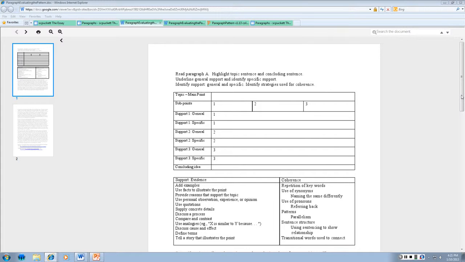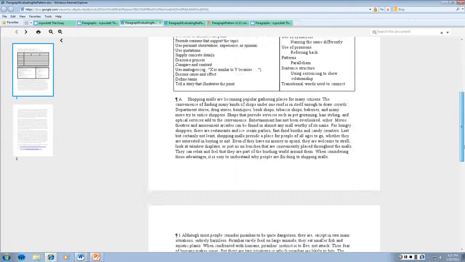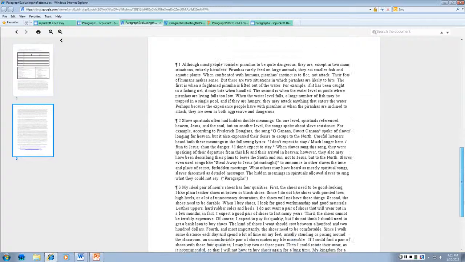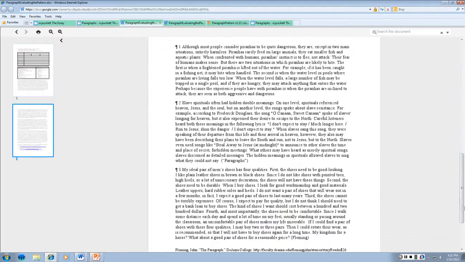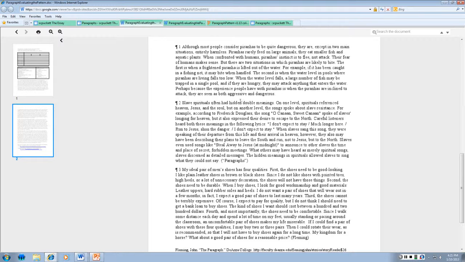At the bottom of the first page is one single paragraph, and then on the second page there are three more, so that you can look at those to see if you can identify the parts. Now, without giving it all away, I will tell you that you'll also be able to find these paragraphs annotated, if you will, so that you can see whether or not you were right.